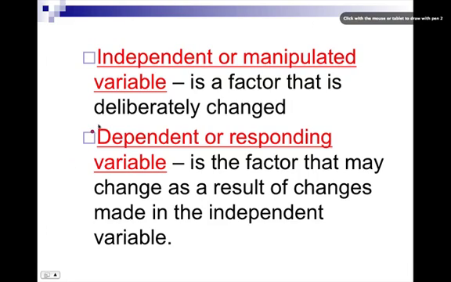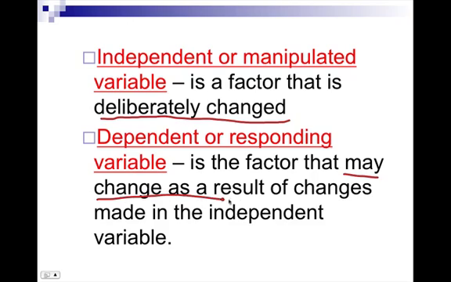So, let's go back here again. The independent variable is deliberately changed. The dependent variable is the factor that may change as a result of the independent variable. So these are very important that you know the difference between these two.